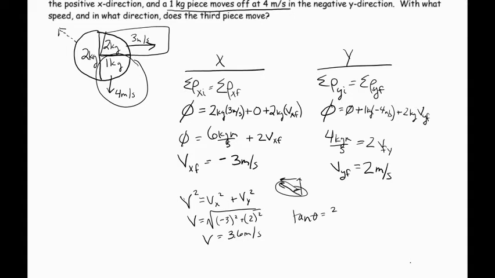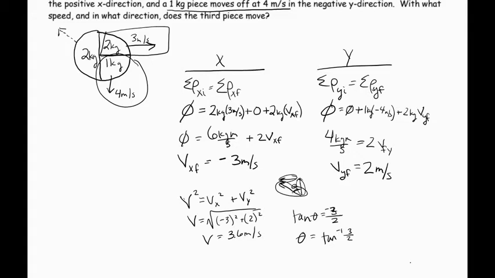Well, if we look at it in terms of this angle, this direction, that's actually going to end up giving me -3, divided by 2. So we end up getting our angle is going to be theta equals inverse tan 3 over 2, okay? Because we have our x divided by our y to give us that angle.